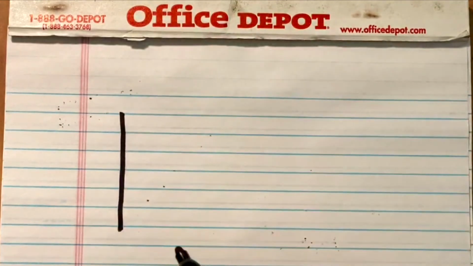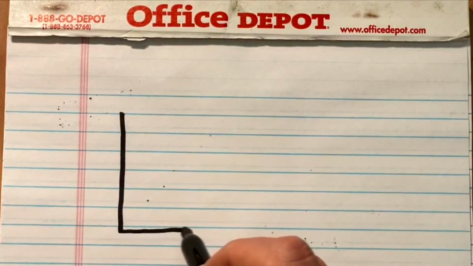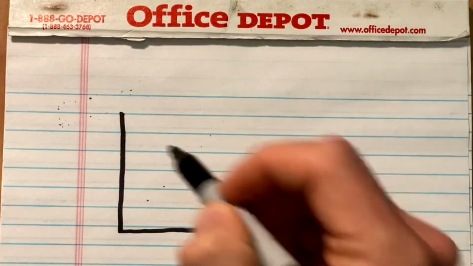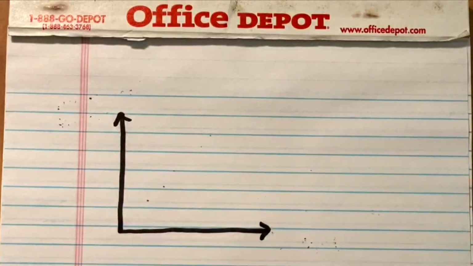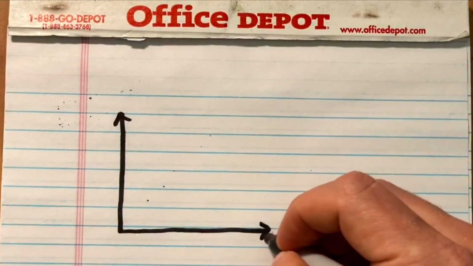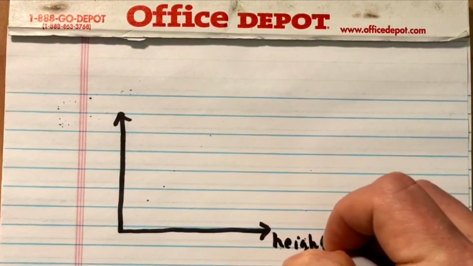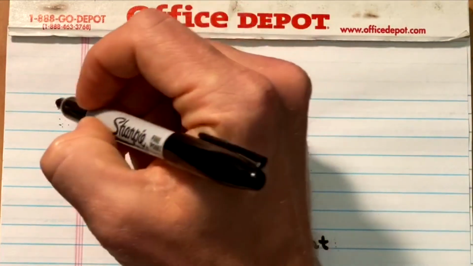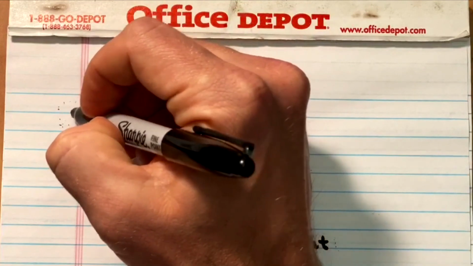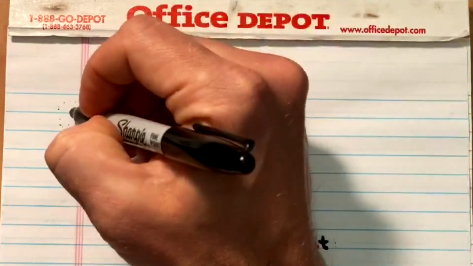All right, so what does that look like in terms of a graph? All right, so height is our independent variable, so it goes on the x-axis. And weight is the dependent variable, so it's on the y-axis.